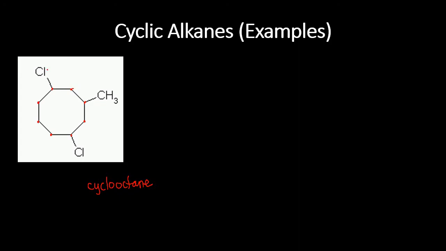Ayan. So, C for chlorine comes first in the alphabet before M in methyl. So, mag-start tayo kay chlorine. So, it's either we start from this one or this one. So, since parehas na ang distance nila sa methyl, ayan, 1, 2, 3, and then 1, 2, 3, we can start kahit saan dito sa dalawa.